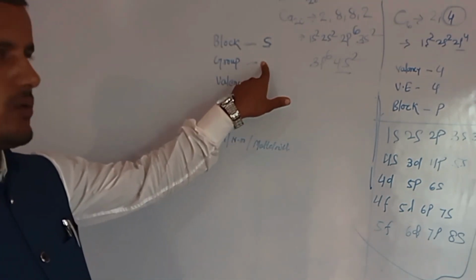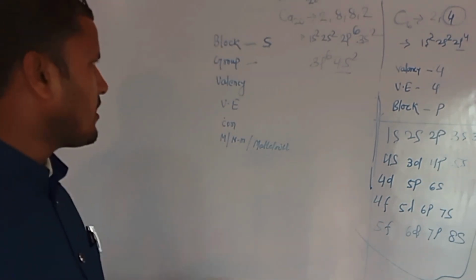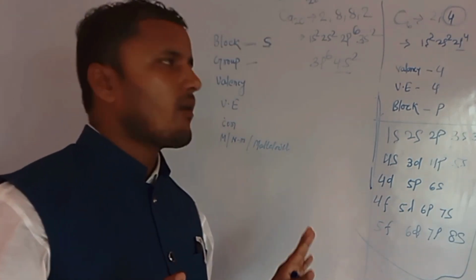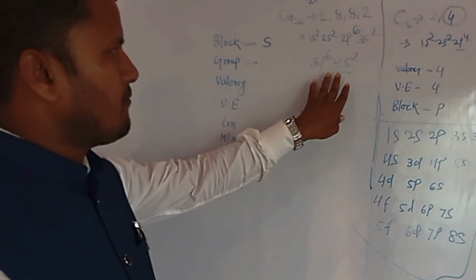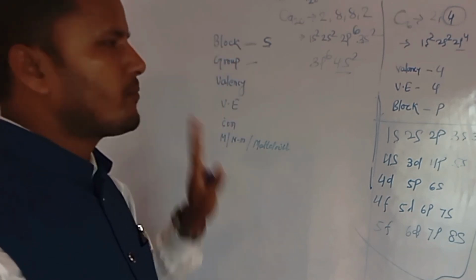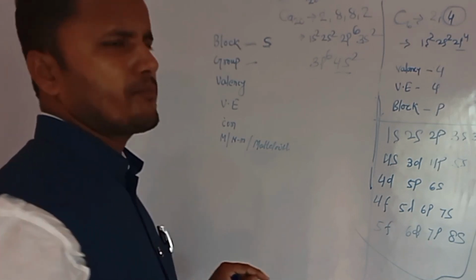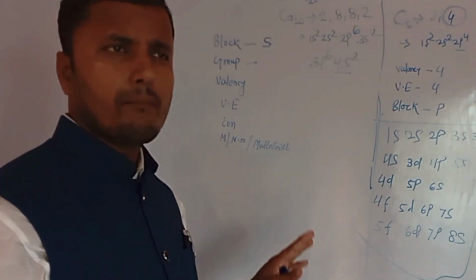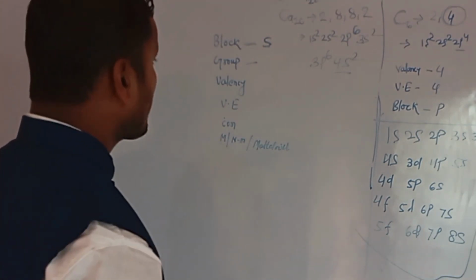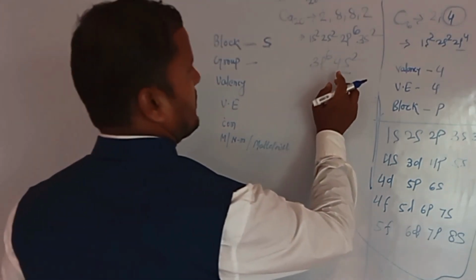Group is also a parameter for electrons, to search in the periodic table. Finding the block is very easy by configuration. Next, for group: the number of the outermost orbit is called group.